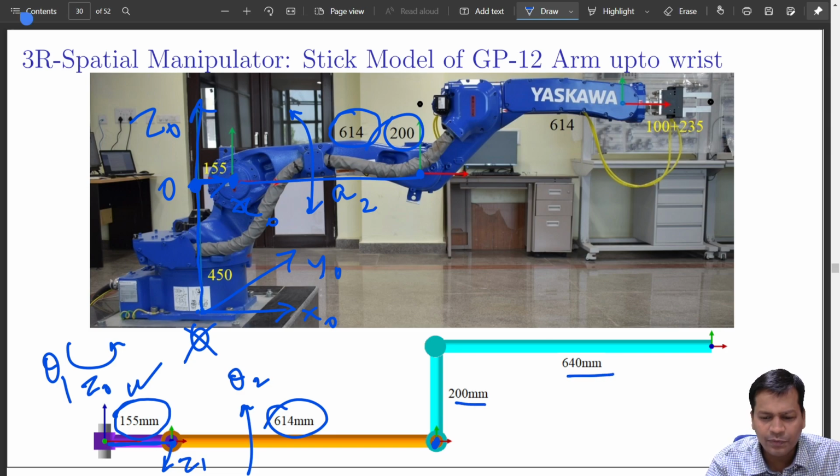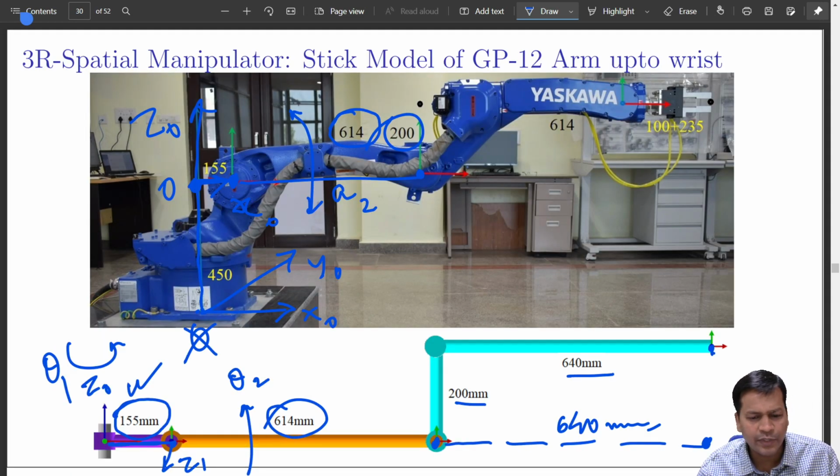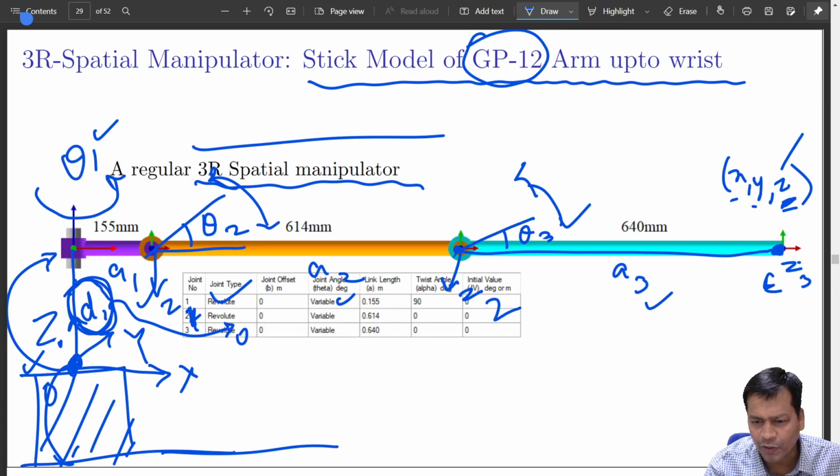Effectively, if this point is here, as in the case I have drawn earlier, if this is my end effector, 640 will appear here, just like this, and things would be very simple. But this time, in the reference frame of theta 1, if this is the axis extension of this link, whatever is the angle of this link, I'll draw it here.